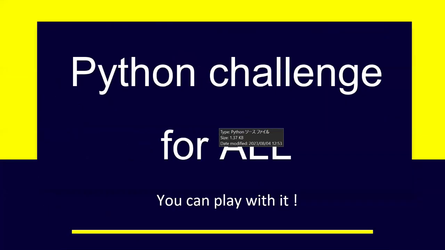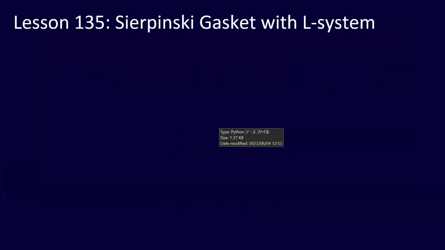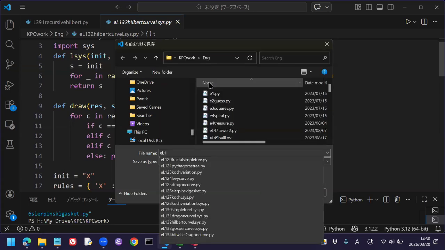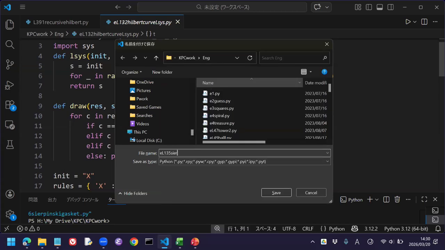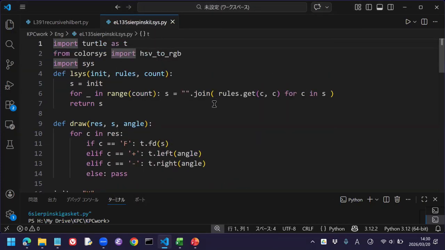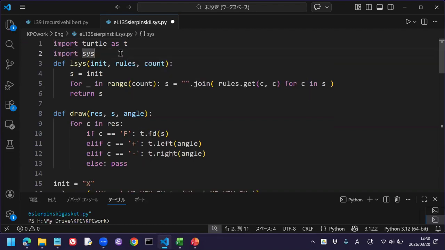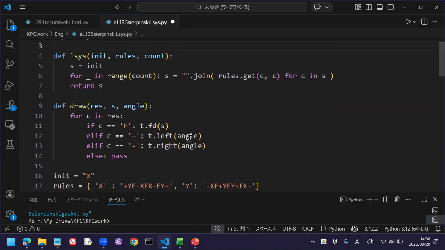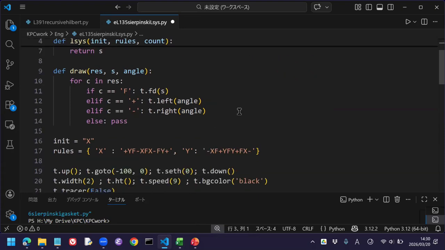Yes, 135, Sierpinski L system. Okay, like that. Basically, it's the same. We don't use color today. The L system interpretation part is the same, and the drawing part, just like we saw, is the same.